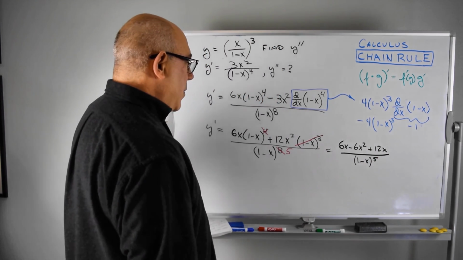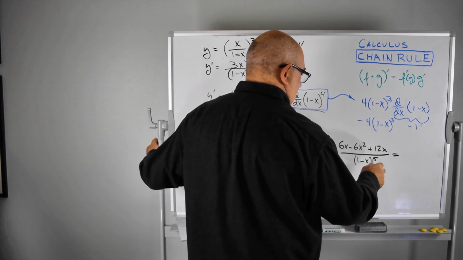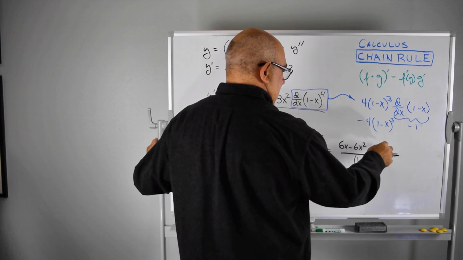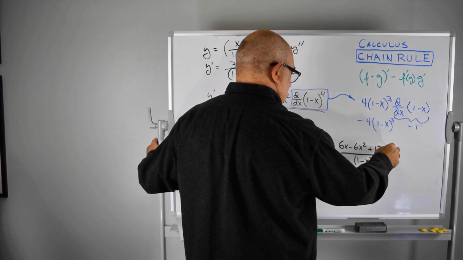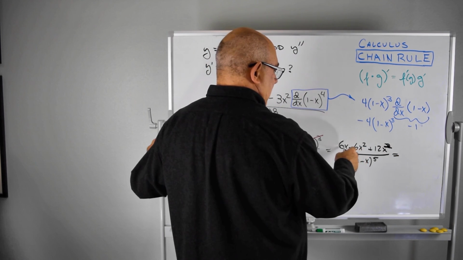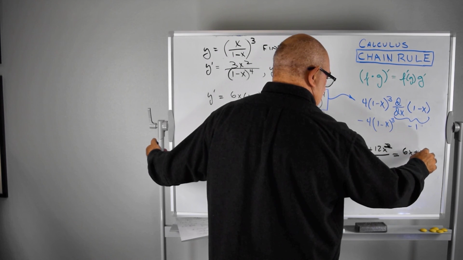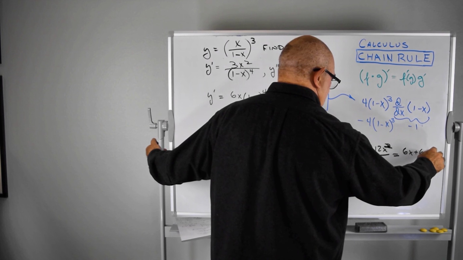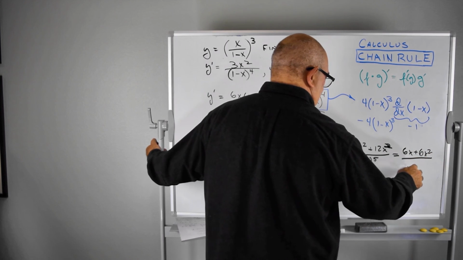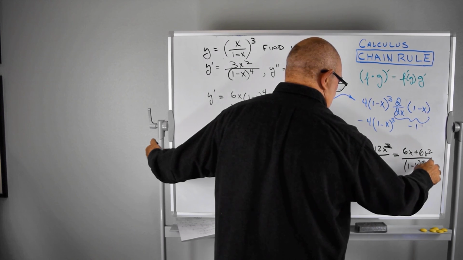Okay? But this should be squared. Sorry, that's squared. So this is 6x plus 6x squared all over 1 minus x to the 5th.